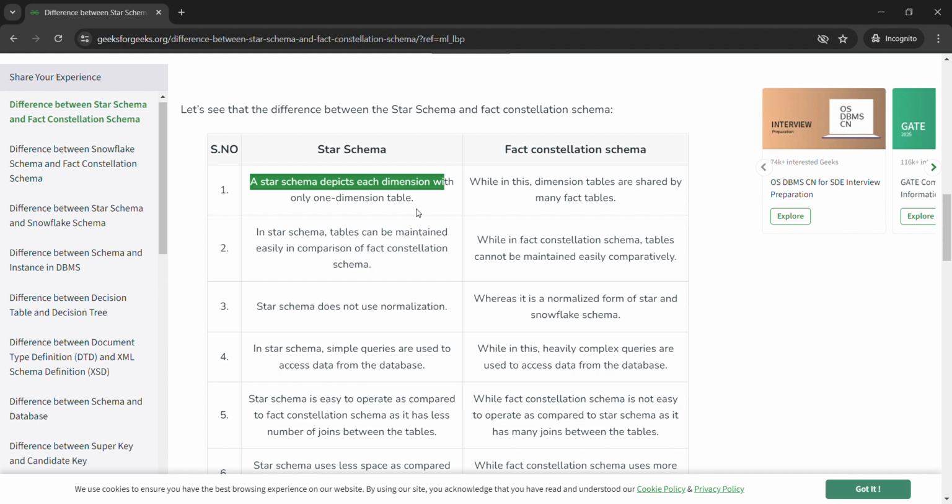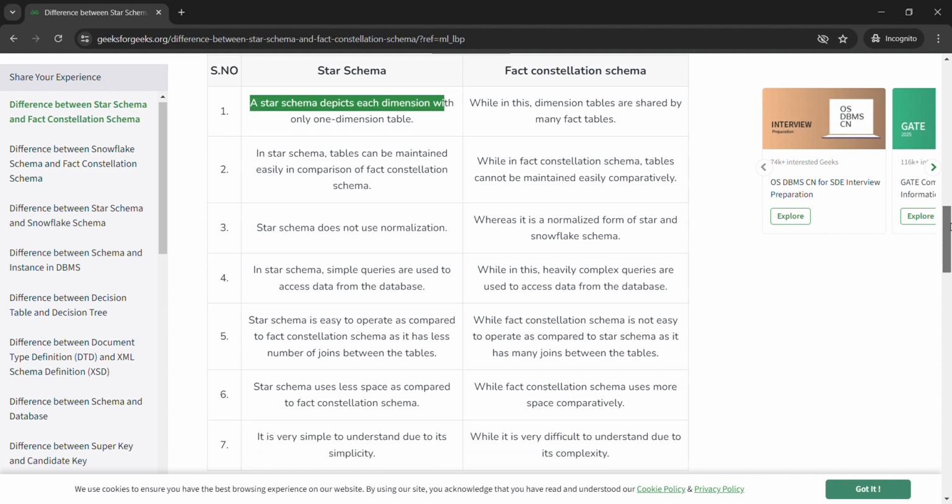Star schema does not use normalization, whereas fact constellation is a normalized form of star and snowflake schema. In star schema, simple queries are used to access the data from the database, while in fact constellation schema, heavily complex queries are used to access data from the database.